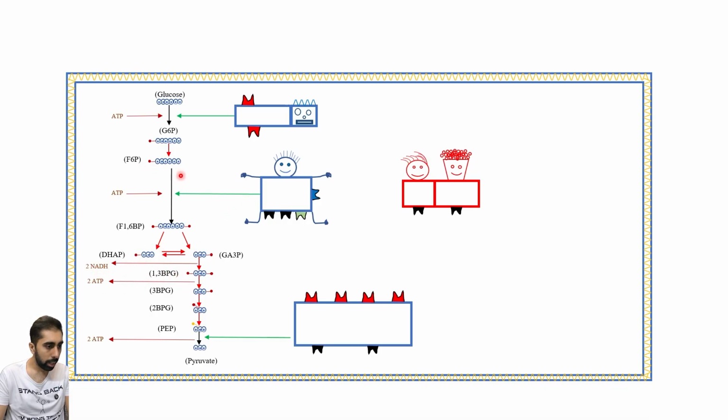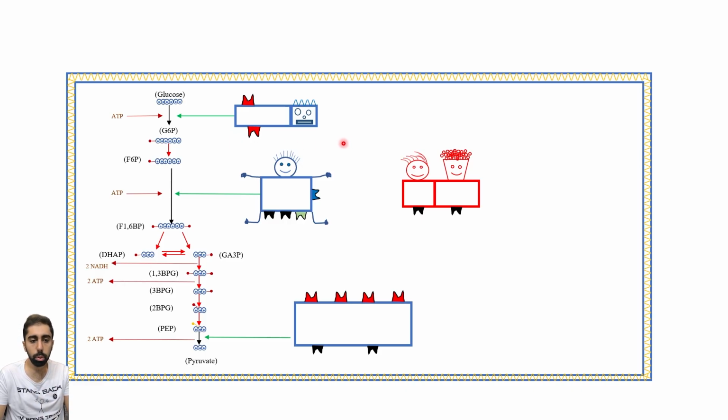Now, if you pay attention to these arrows, some of them are black. This one, and this one. These are important reactions and important enzymes that can be regulated by different hormones or molecules.